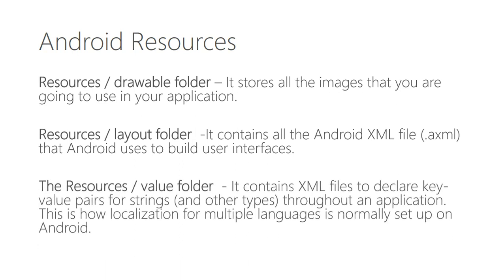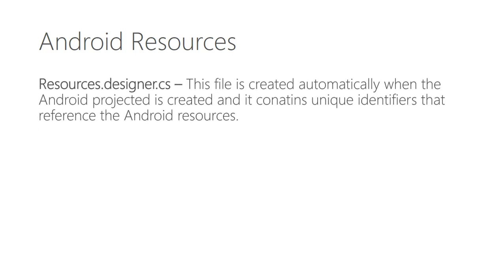The Resources/values folder. It contains XML files to declare key-value pairs for strings and other types throughout an application. This is how localization for multiple languages is normally set up on Android. Resources.designer.cs.